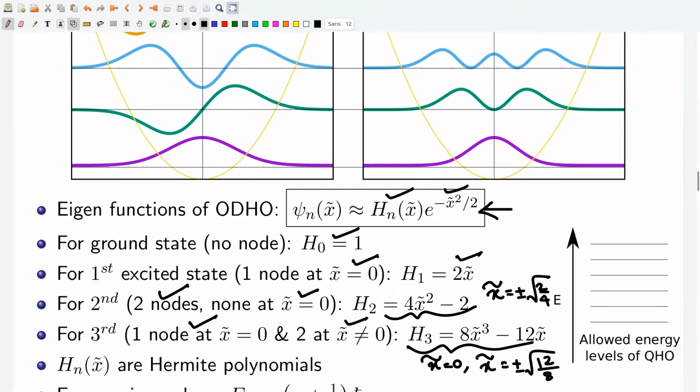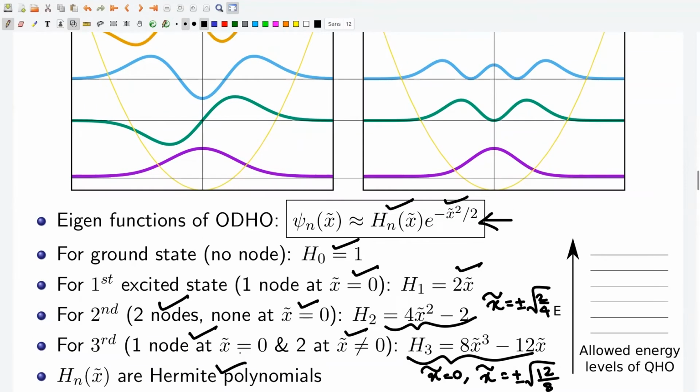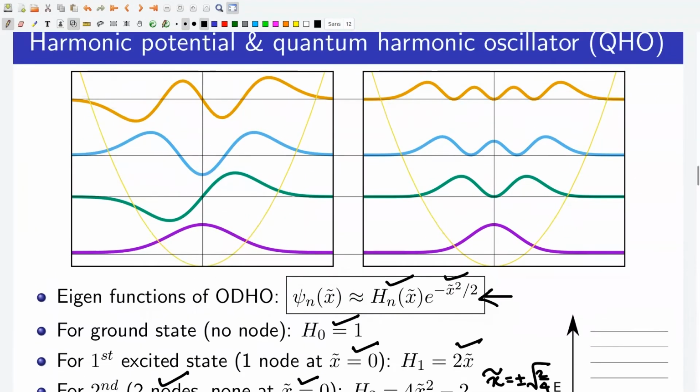Okay, and Hn of x tilde are known as Hermite polynomials, and I have shown some wave functions in this plot. This is the eigenfunction for the ground state, this is for the first excited state, this is for the second excited state, and this is for the third one, and these are the corresponding probability densities.